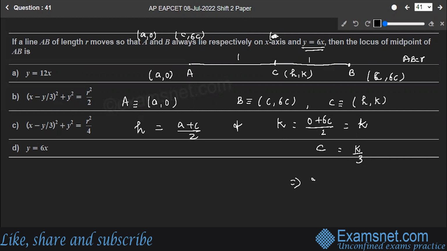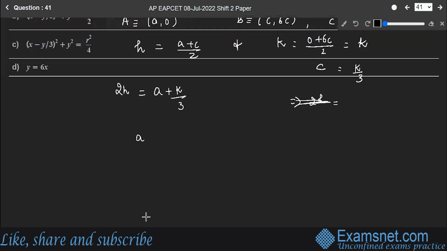That means 2h is equal to a + k/3, or a is equal to 2h minus k/3. Also, you are given that AB is equal to R, that means AB squared is equal to R squared.